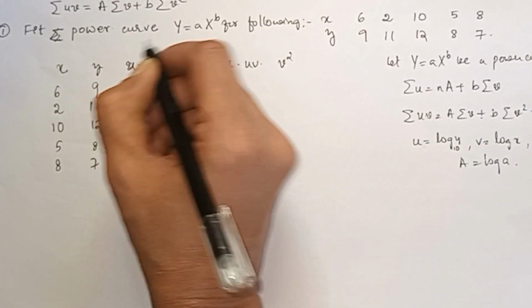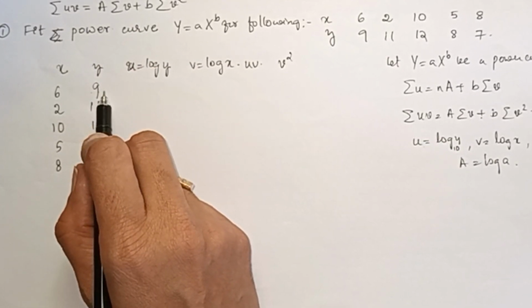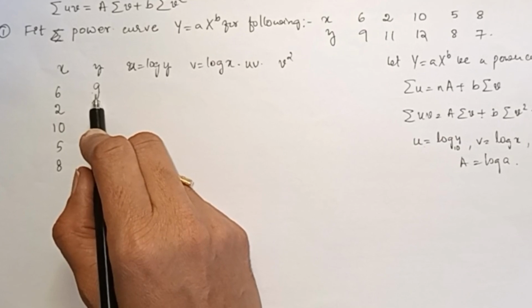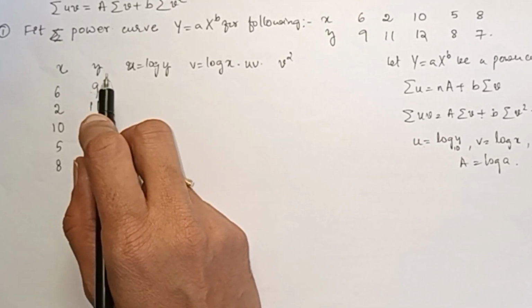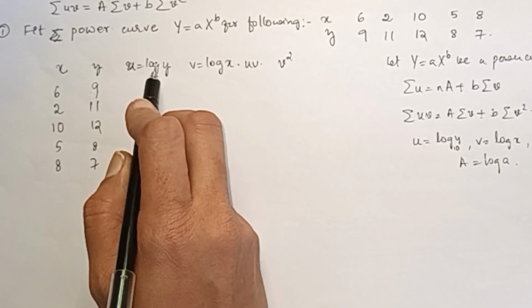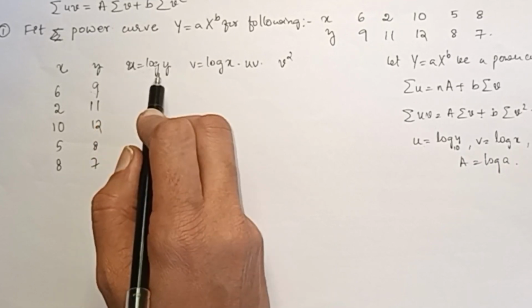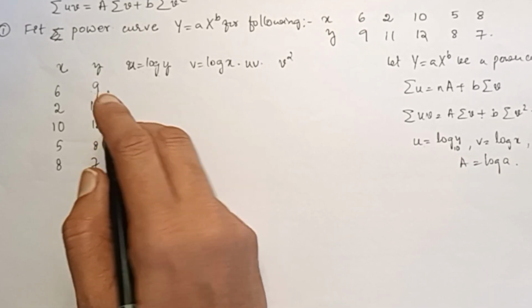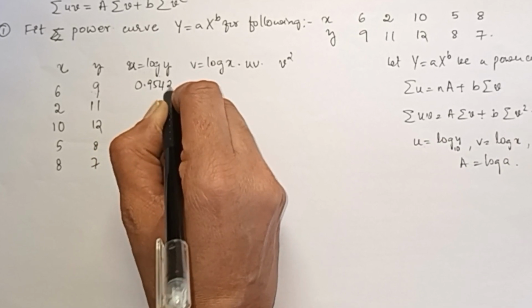So u equal to log of y, log to the base 10. Use a scientific calculator and find log of 9 to the base 10. Don't use ln. Either you can use a log table or directly use the calculator. So log of 9 is 0.9542. You can check with that.